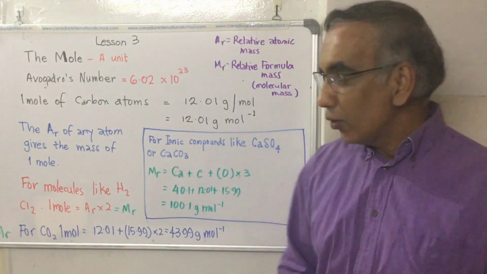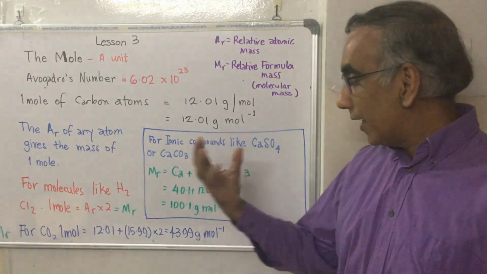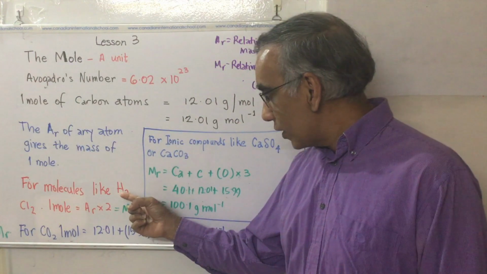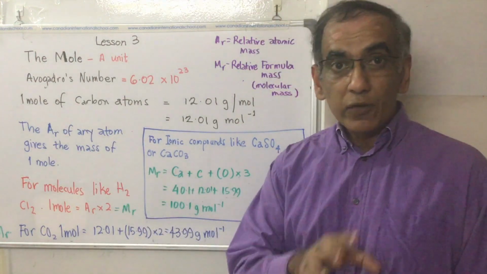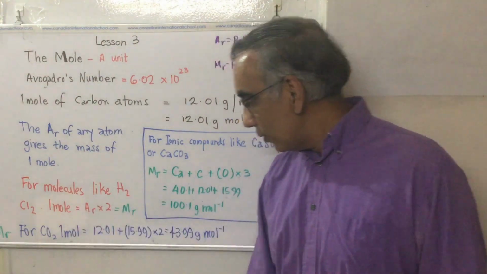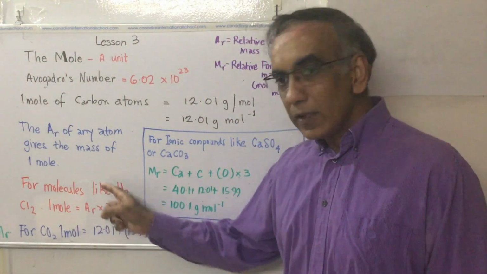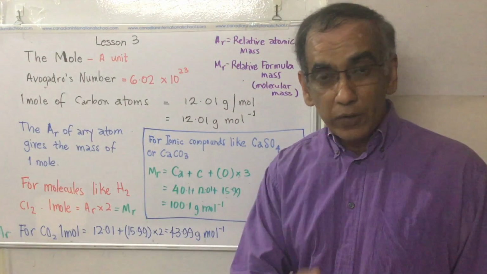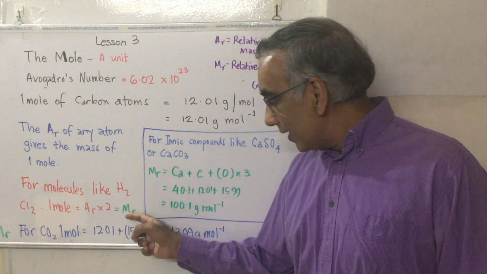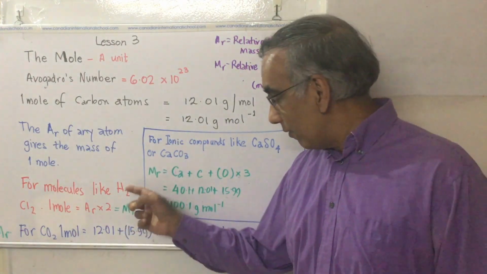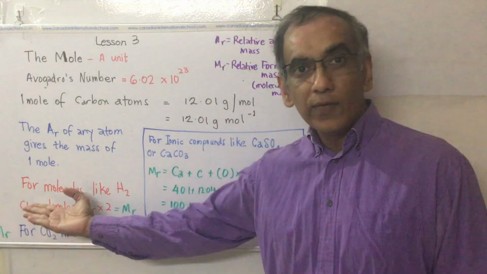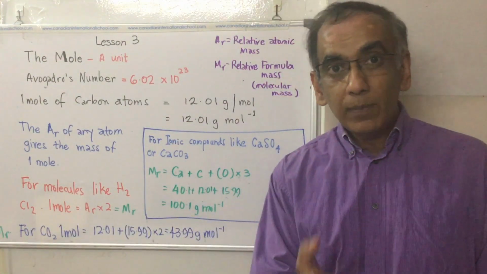If I asked you to go and give me 1 mole of hydrogen, you would go to the periodic table and see that hydrogen is H, but hydrogen gas is H2. For chlorine gas, it's Cl2. So you would take the relative atomic mass of chlorine or of hydrogen, multiply it by 2, and you would be getting the relative molecular mass of H2 or Cl2 gas. In the case of chlorine, it would be 35.5 multiplied by 2.